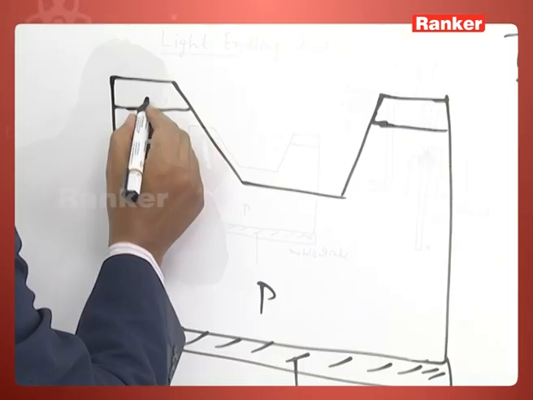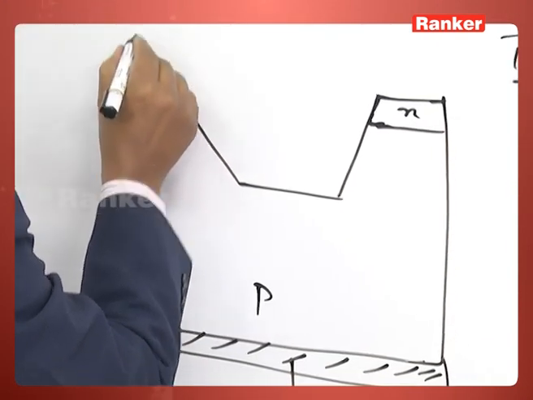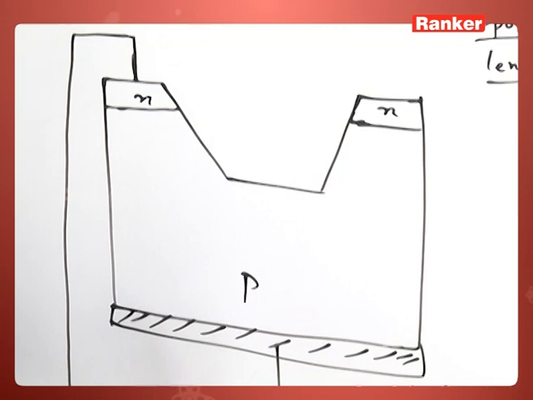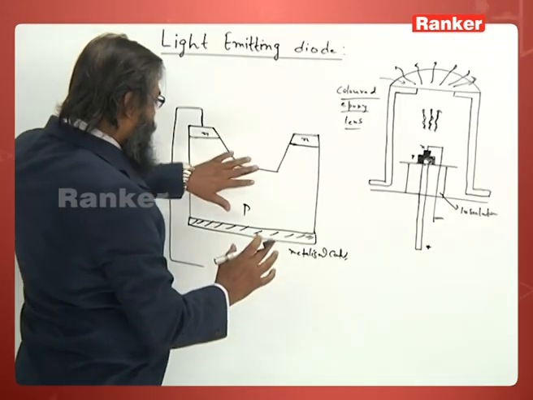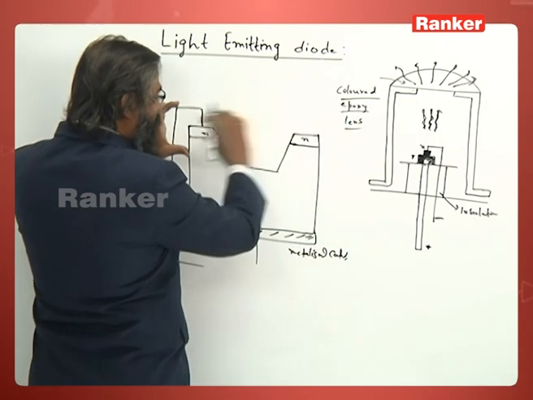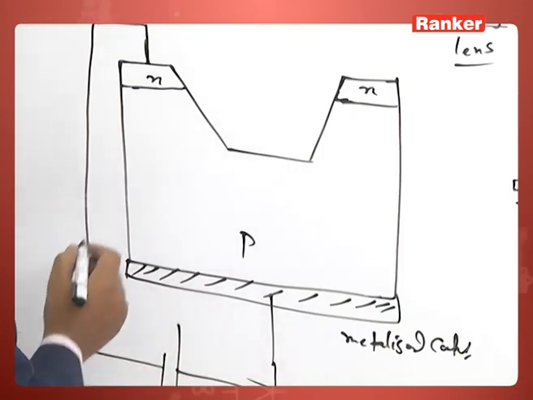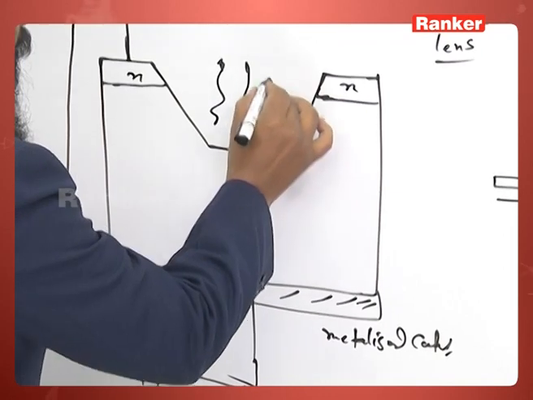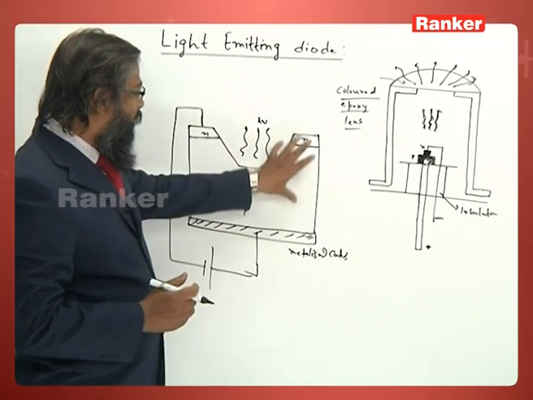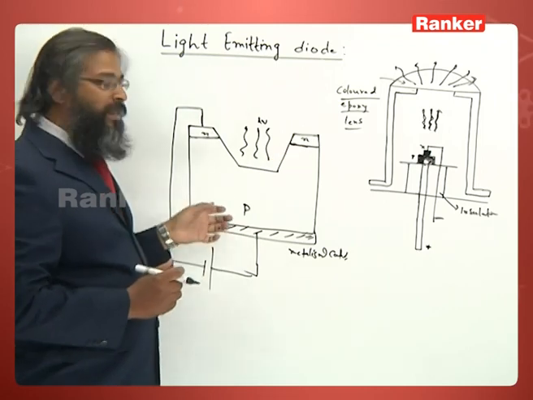This is again N type, and here we have a contact. I am just drawing a cross sectional view. Actually, in 3D it will be a circular portion. So P is connected to the P type, N is connected to the N type. This type of constructional details will be there. Now, let us see the working.